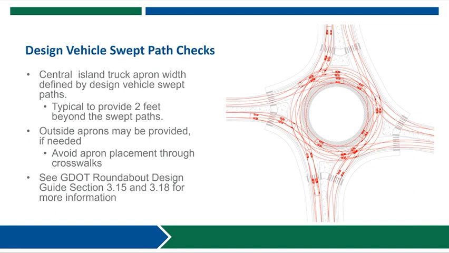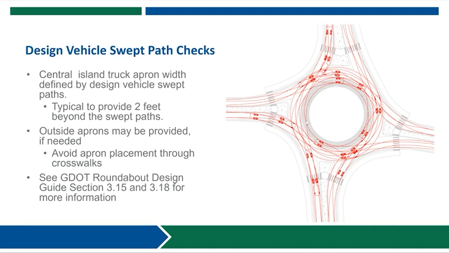Consistent with the guidance in the GDOT Roundabout Design Guide, the figure on the right-hand side shows the sizing of the truck apron width based upon the composite of all of the left turn swept paths around the roundabout, plus adding another 2 foot of width to account for variability in individual drivers as they're navigating through the intersection. So the width of this truck apron around the central island ended up being a direct outcome of the design vehicle checks rather than being a standard dimension.